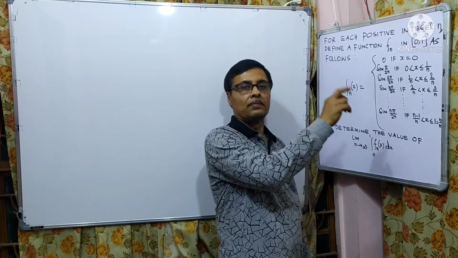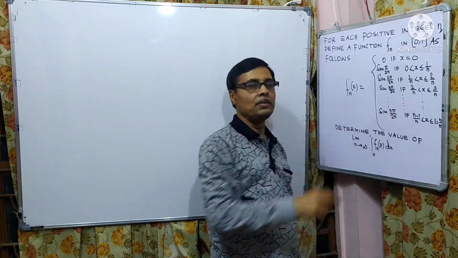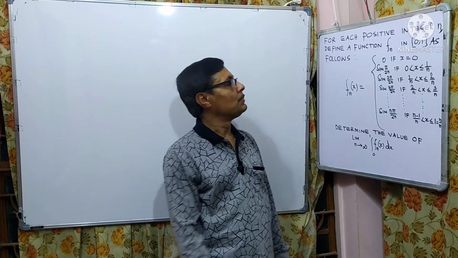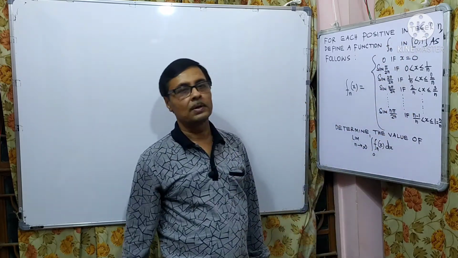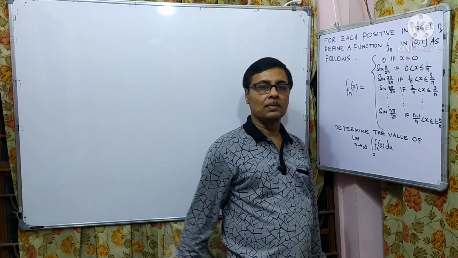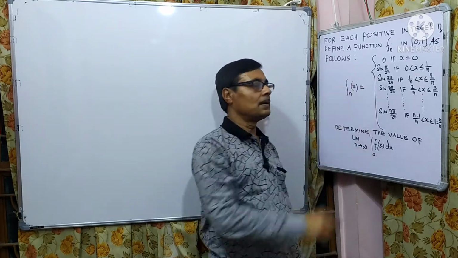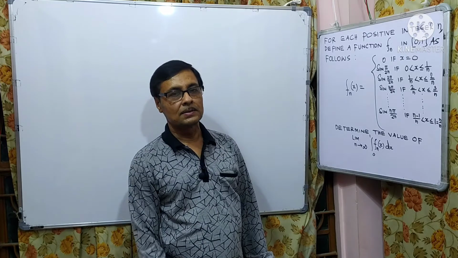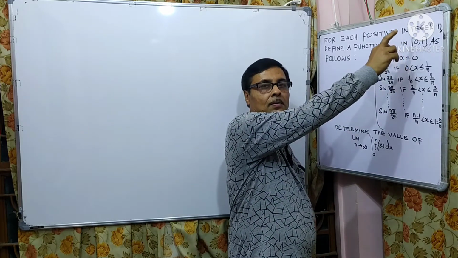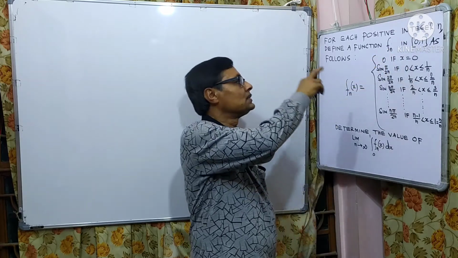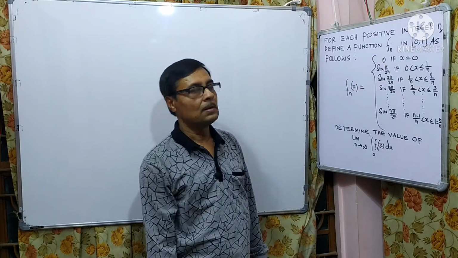Finally, we have taken the semi-closed sub-interval ((n-1)/n, n/n], that is 1. The function is defined in each sub-interval of the closed interval [0, 1]. This is called a split function.